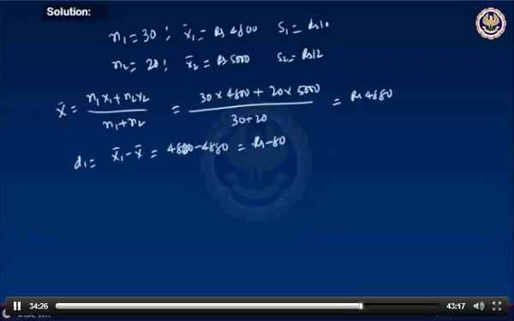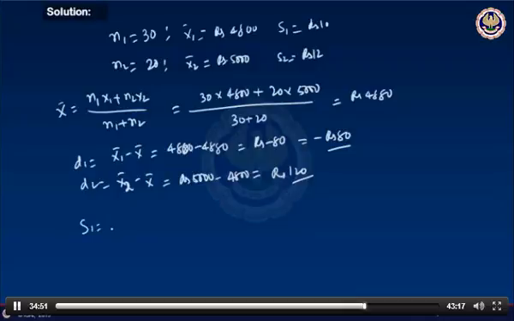And D2 is X2 bar minus X bar, which is rupees 5,000 minus 4880, which is rupees 120.